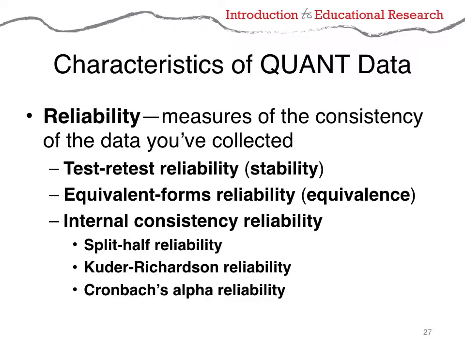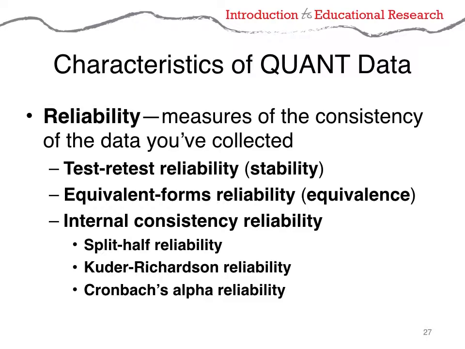Another type is test-retest reliability. This could be thought of as stability, and this is where you give an assessment and you want the next administration, if it was right after it, to be stable. You don't want to see a 30 and then a 60 on the test. Wait, which one's actually true?